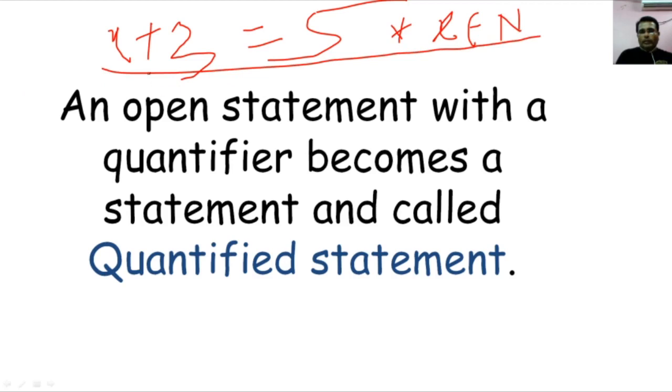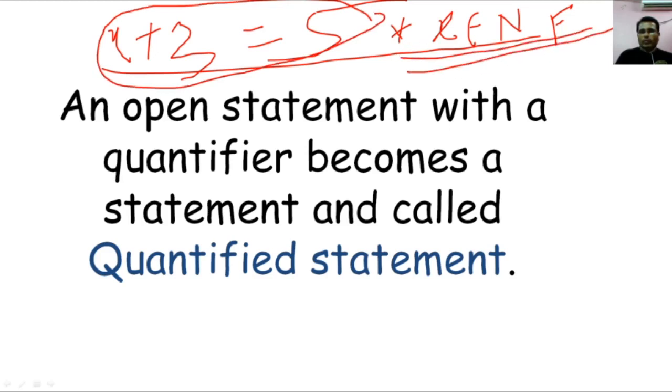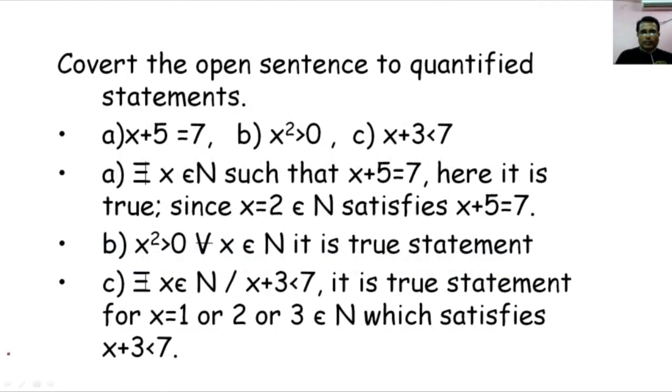For every natural number, x plus 3 is not equal to 5. For 2 only it is true, but for every natural number it is not true, and therefore it is a false statement. So it is clear that initially x plus 3 equal to 5 was an open sentence, and when we attach some quantifier to it, it becomes a statement, that is, it gives us a fixed truth value. Therefore an open statement with a quantifier becomes a statement, and that is called a quantified statement.